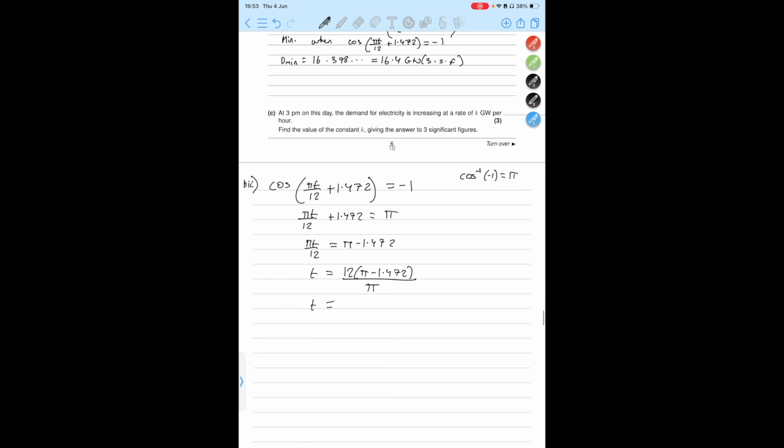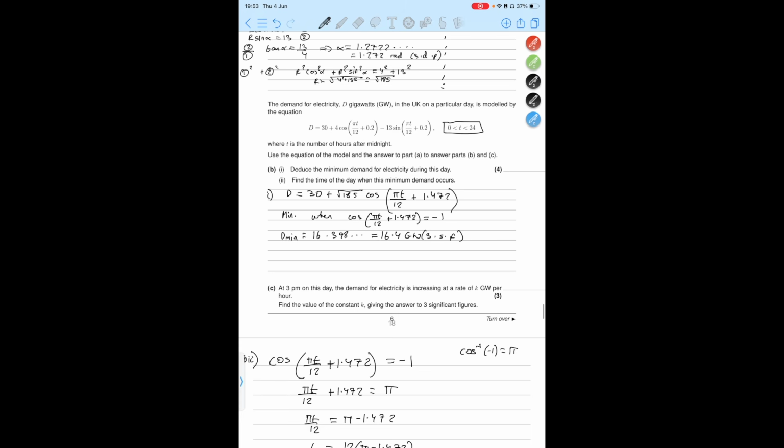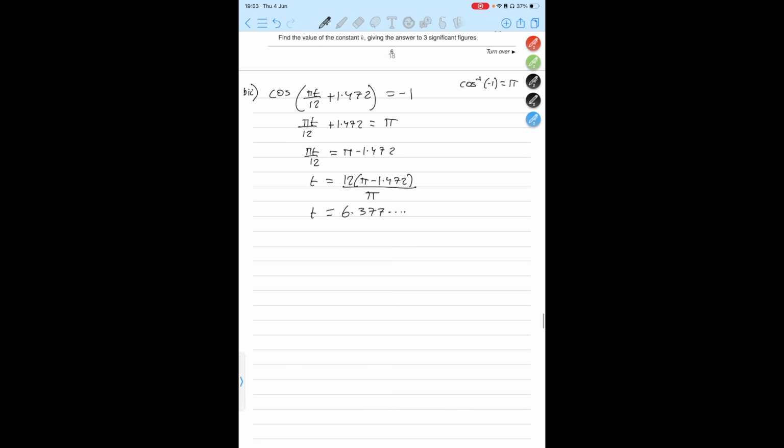So that should give us our answer of 6.377 and so on. But it says find the time of day. So it's taking roughly this many hours. We times it by 60, and we can see that's roughly 382 minutes.